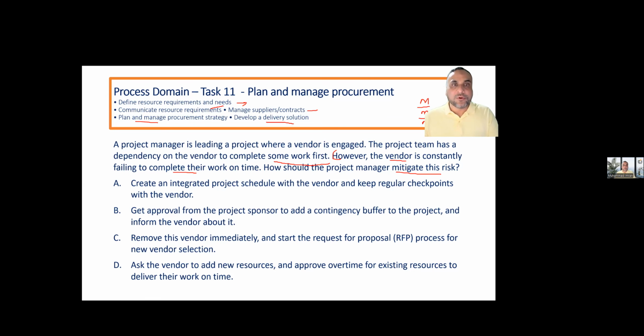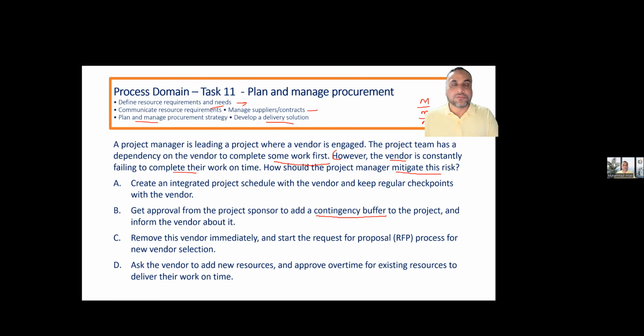Create an integrated project schedule with the vendor and keep regular checkpoints with the vendor. Get approval from the sponsor to add a contingency buffer. Contingency buffers are in the control of the project manager or sponsor. Can you please answer this on the chat window?